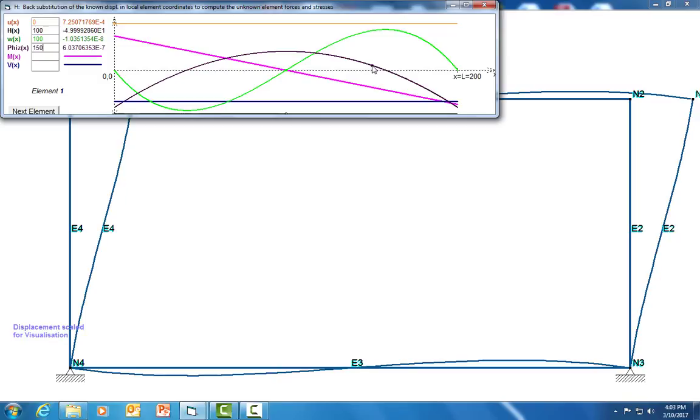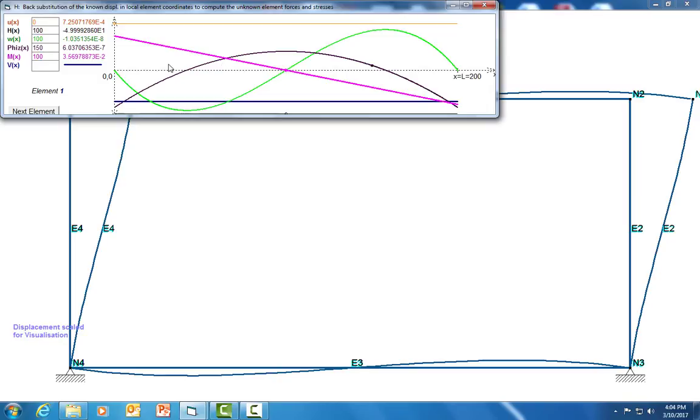That is the angle due to this elastic line. And then we can also have the moment, let's say at 100, and we find the moment is here.